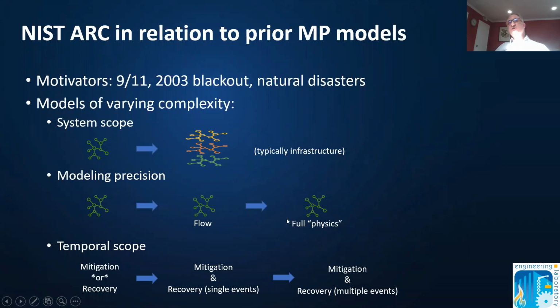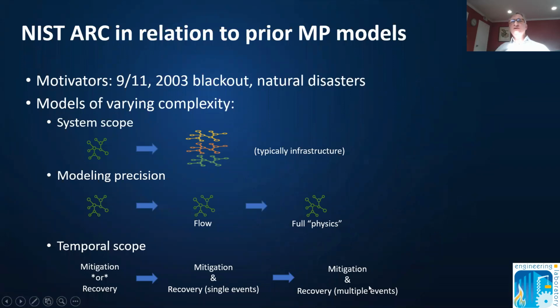Then we have these different levels of modeling precision, all the way up to full physics. The temporal scope is interesting. Some studies focus only on mitigation, some only on recovery. Some look at both, including in Elise's work. And some look at recovery from a single event, whereas others might look at multiple events.